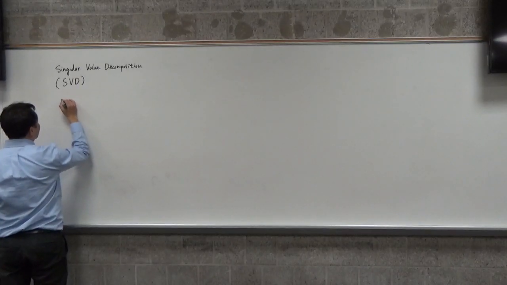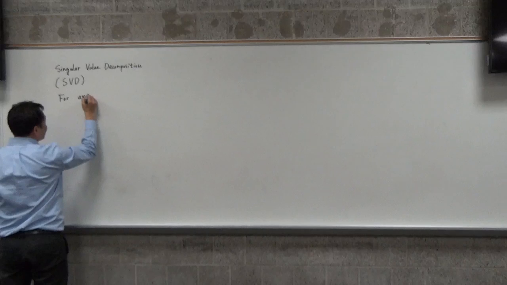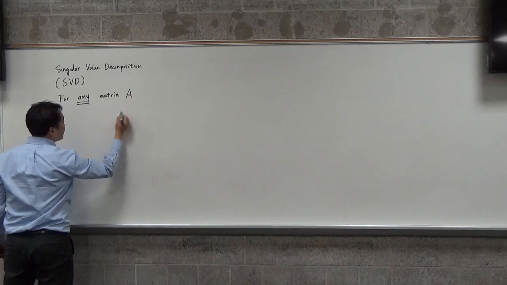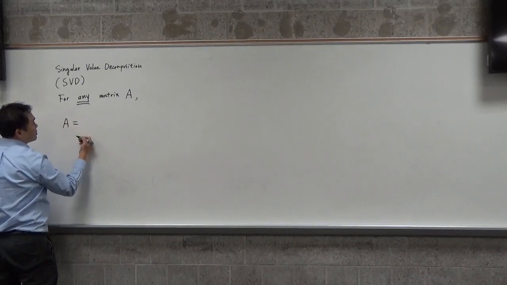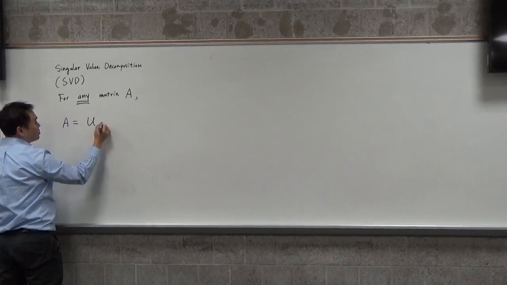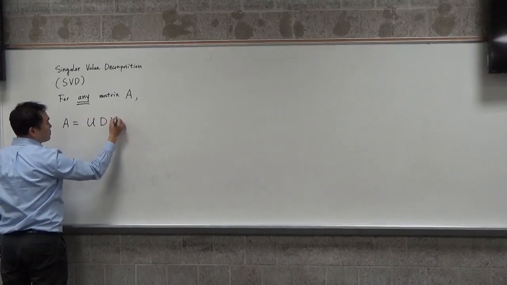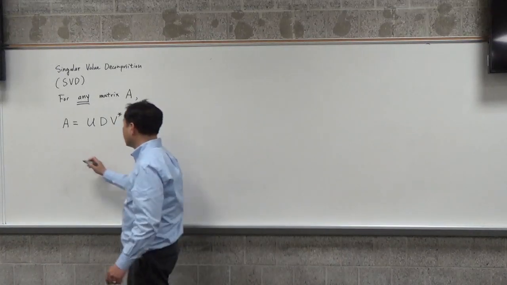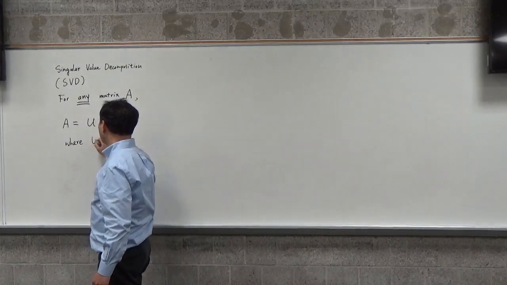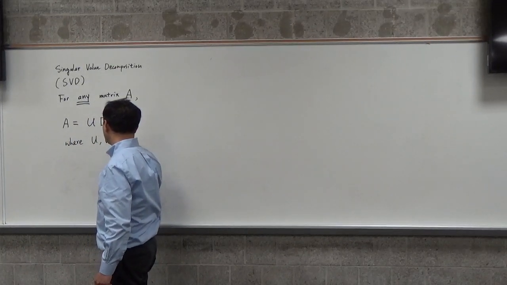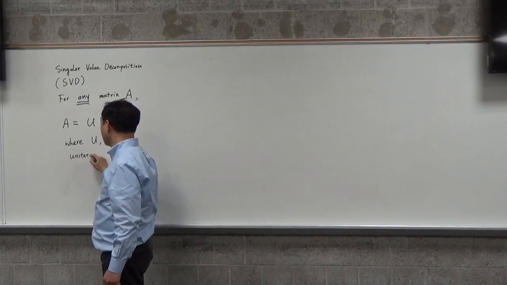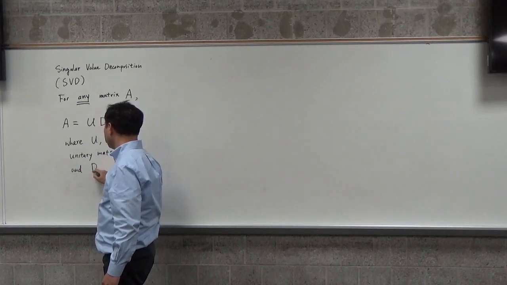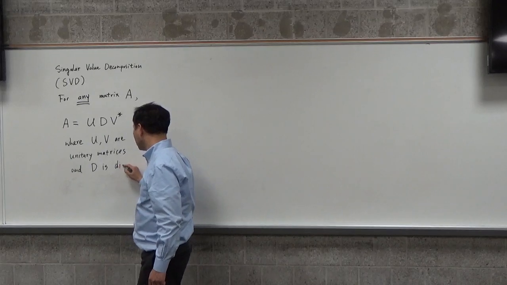So it says that for any matrix A is equal to U D V star, where U, V are unitary matrices, and D is a diagonal matrix.